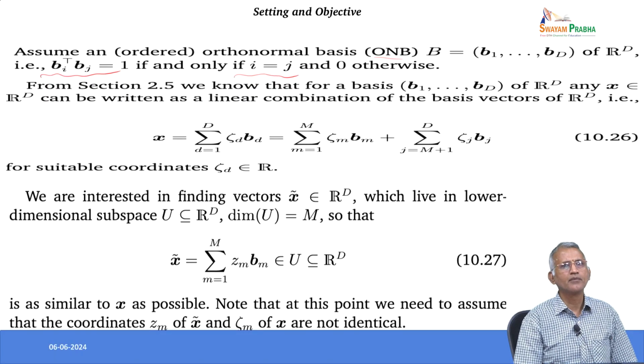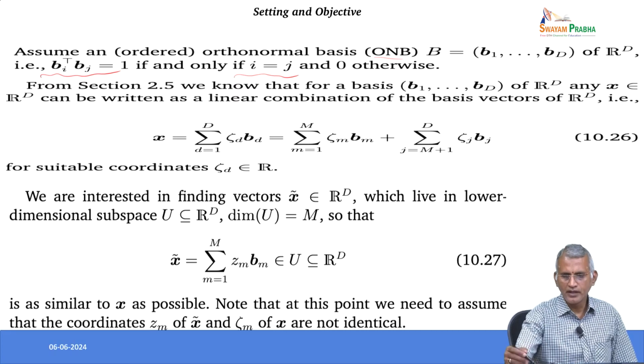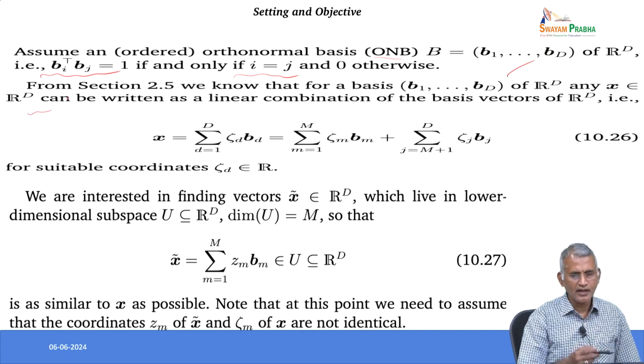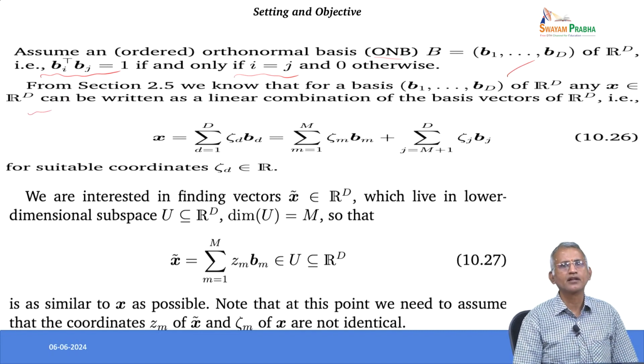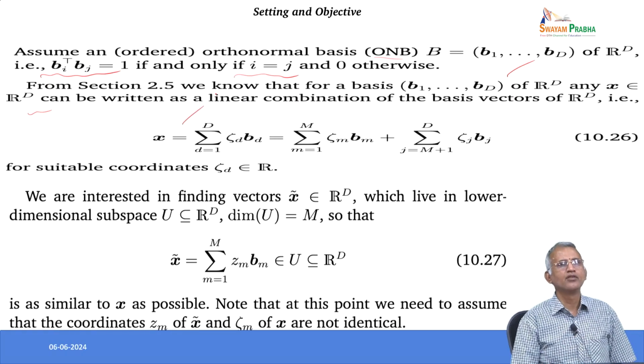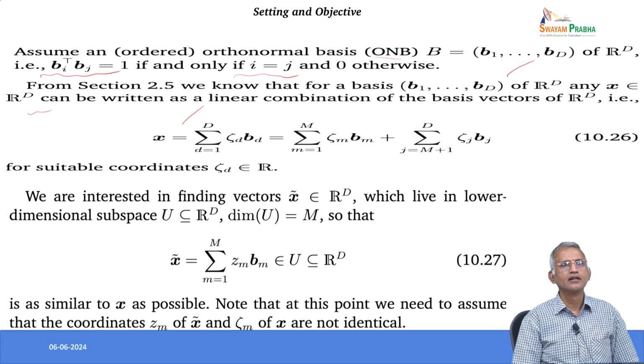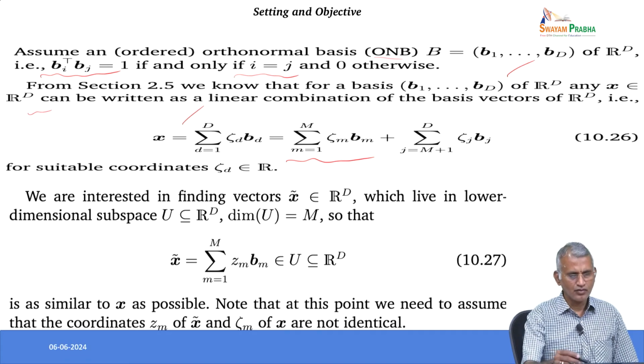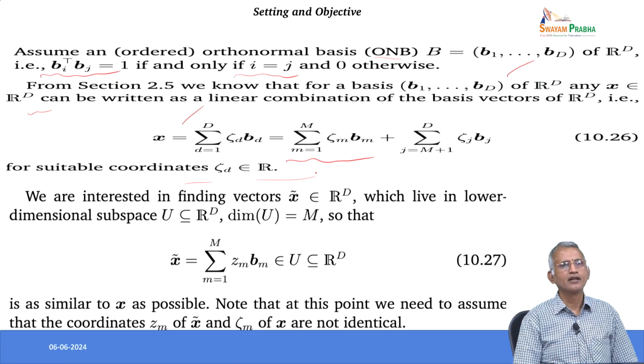So, we know that for the basis b1 to bD of R power D, any x in R power D can be written as a linear combination of the basis vectors of R power D, that is x equal to summation d equal to 1 to D of zeta tilde d into b suffix d, which is equal to summation m equal to 1 to M of zeta tilde m bm plus summation j equal to M plus 1 to D of zeta tilde j bj, for suitable coordinates zeta tilde d belonging to R.